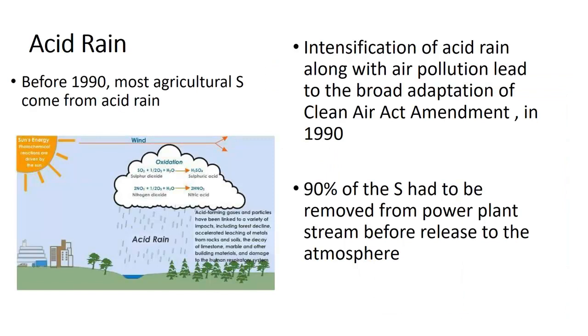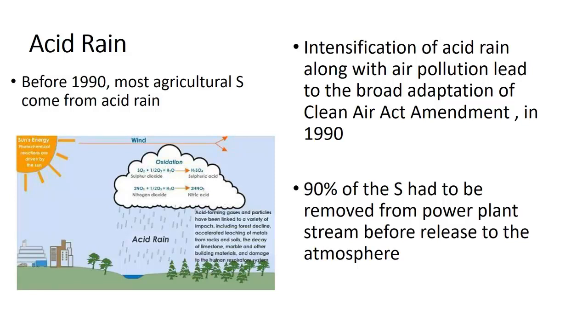Before environmental regulation, because of the concern of acid rain, most of the agricultural sulfur was coming from the contamination from power plants with nitrogen oxide and sulfur oxide. It was a contamination for the environment, but was somewhat beneficial to agriculture because we were getting sulfur from it.